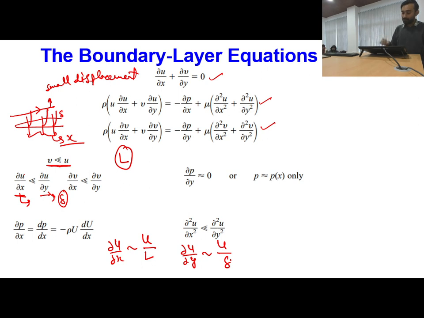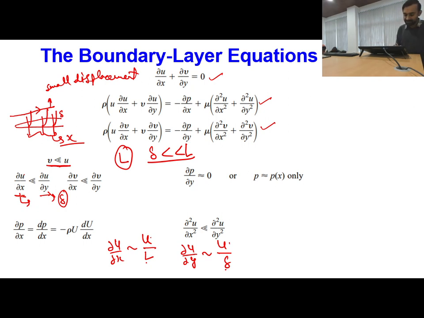Okay, and for thin boundary layers, delta is very, very small in comparison to L. So ultimately L will be a large number. The same quantity is divided by L and by delta, so the one divided by delta will be large.